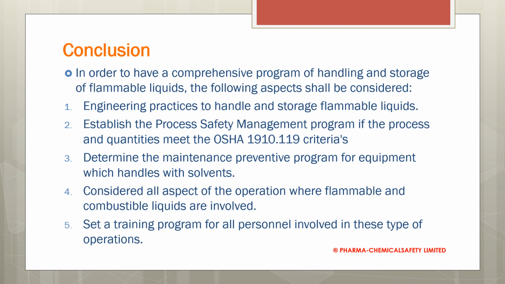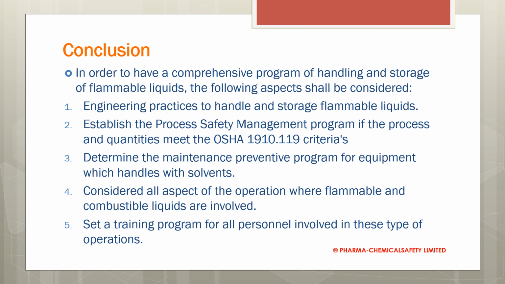Conclusion. In order to have a comprehensive program for handling and storage of flammable liquids, the following aspects shall be considered. Engineering practices to handle and store flammable liquids. Establish the process safety management program if the process and quantities meet the OSHA 1910.119 criteria. Determine the preventive maintenance programs for equipment which handles these solvents.